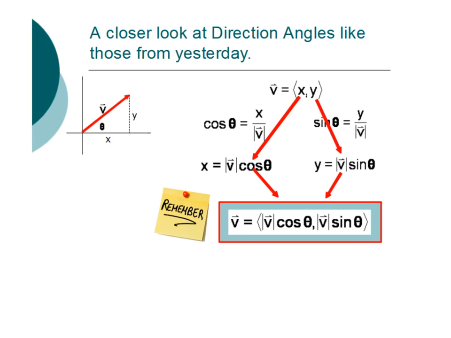I gave you the angle and the length, the magnitude, and we had to find the component form. Well, it was just trig. Remember, this is what we did right here. We said that the cosine of theta was equal to the adjacent over the hypotenuse, and the hypotenuse was just the magnitude of our vector. So this is what we did right here.